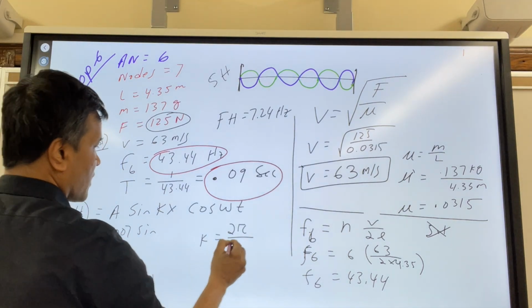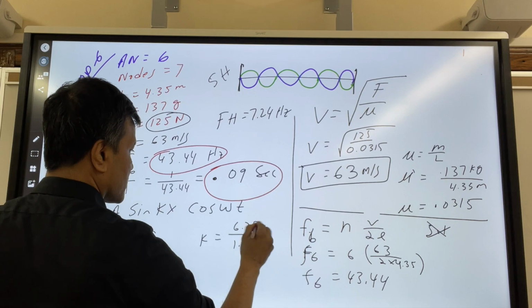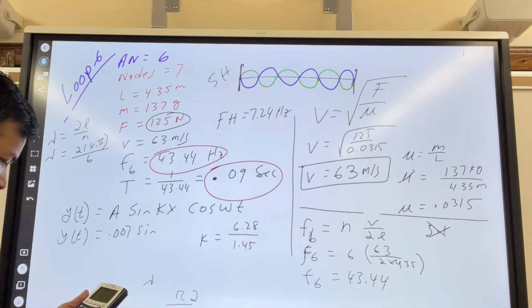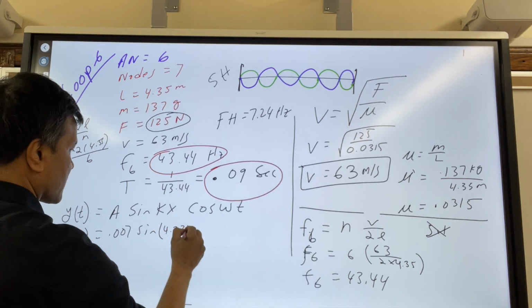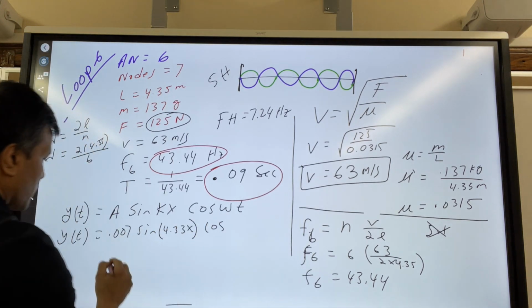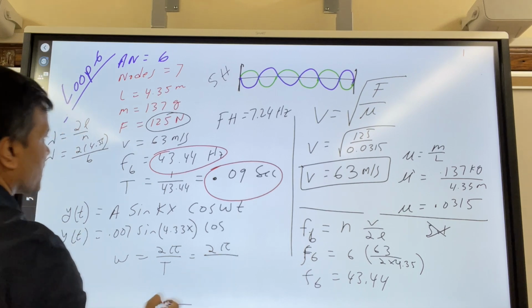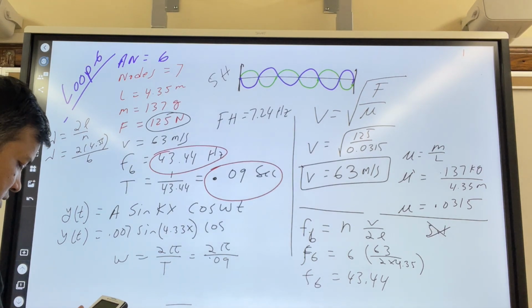So lambda is 1.45, and 2 pi is 6.28. 6.28 divided by 1.45 is 4.33. So this is 4.33x, cosine. We have to find omega. Omega is 2 pi over period. We found the period, 0.09. So 6.28 divided by 0.09.